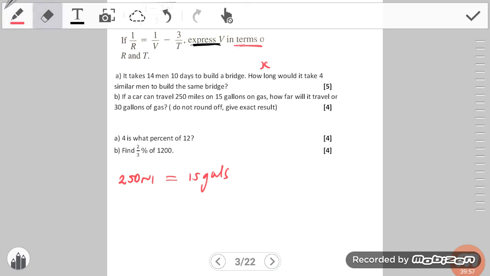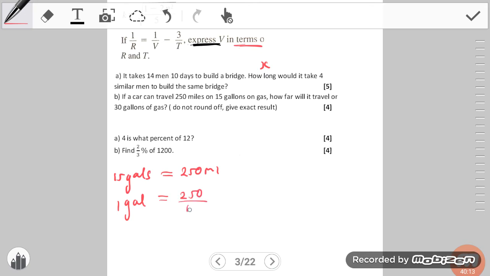So let's write it the other way. 15 gallons would take us a distance of 250 miles. How far would 1 gallon carry us? So 1 gallon can take us 250 divided by 15. So 250 divided by 15 will take us a total distance of 16.66 recurring. So that will take us 16.66 miles if we had 1 gallon of gas.